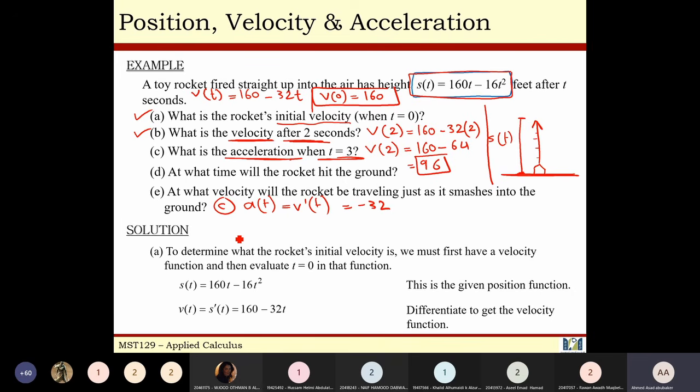So at time 3, the acceleration equals negative 32. Here the acceleration is fixed, negative 32. So if we substitute t equals 100, 2, 5, 10, the acceleration is fixed, negative 32.